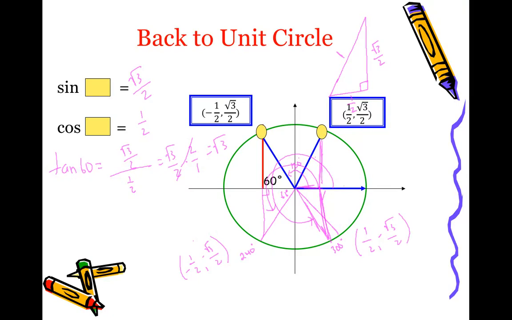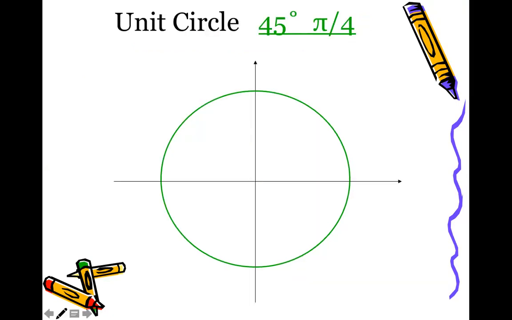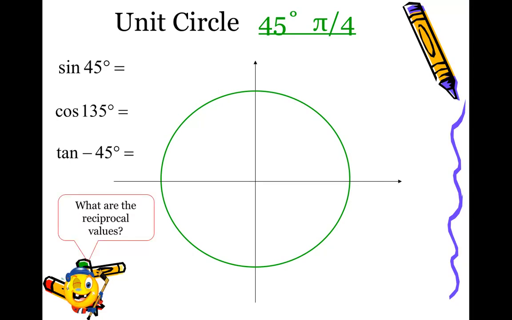So hopefully you're noticing a lot of patterns. This is where you have a sheet that you could follow along with me on, I believe. So 45 degrees is pi over 4. Okay, so the sine of 45 degrees, I'm going to draw these in.